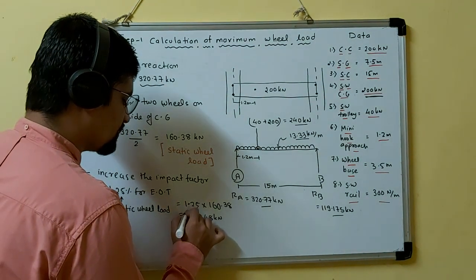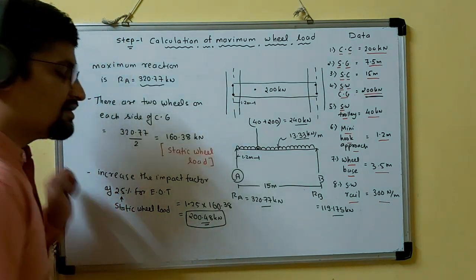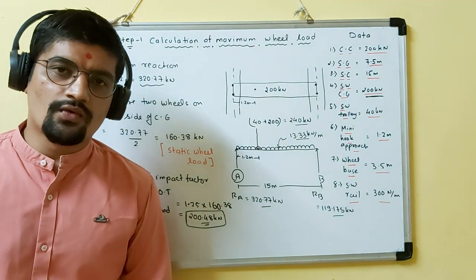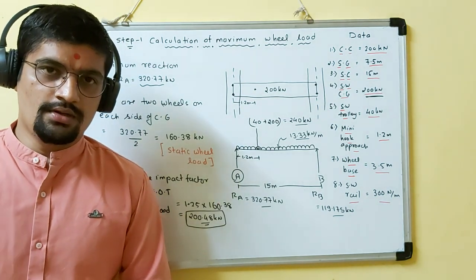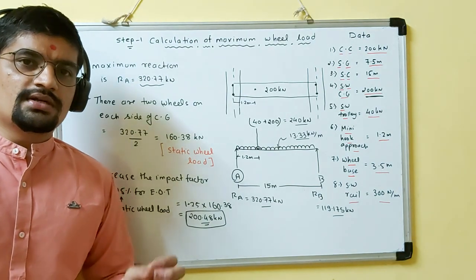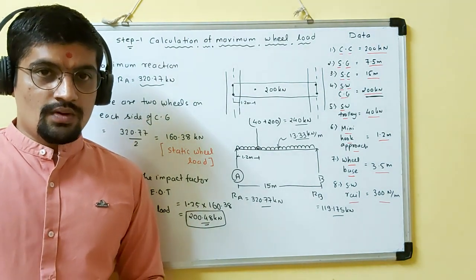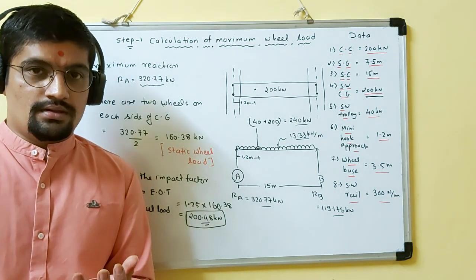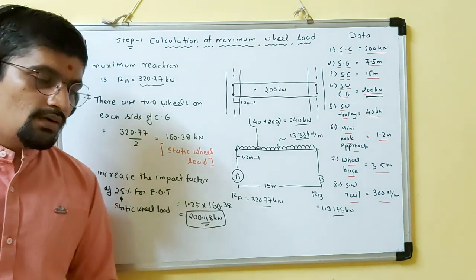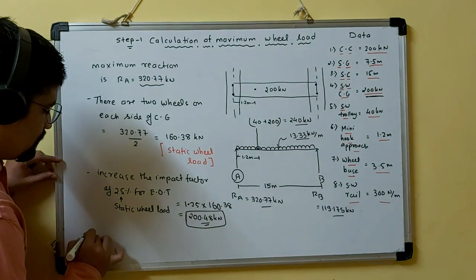This means the crane is transferring 200.48 kilonewton load. But it does not mean that we need to design the gantry girder for 200.48 kilonewton load. We need to do something additional for the factor of safety, so for the factor of safety we need a factored load.